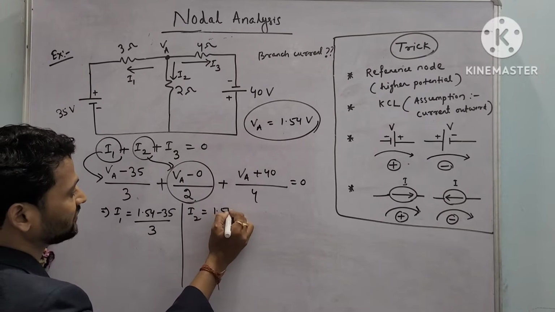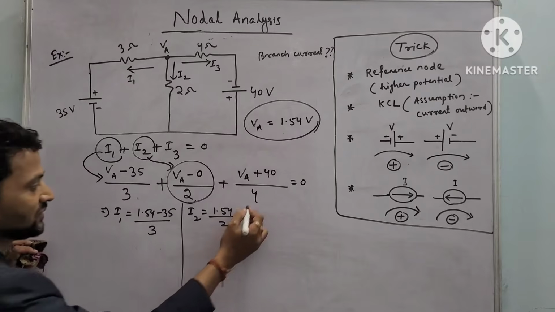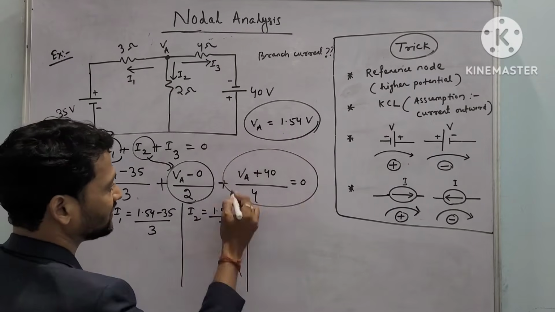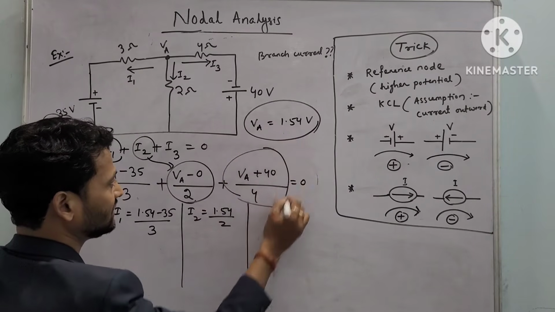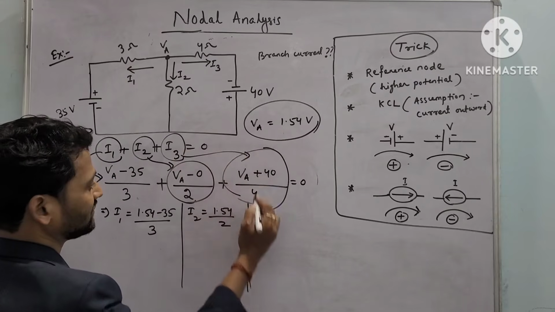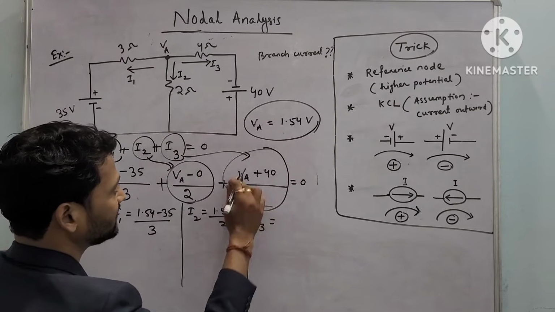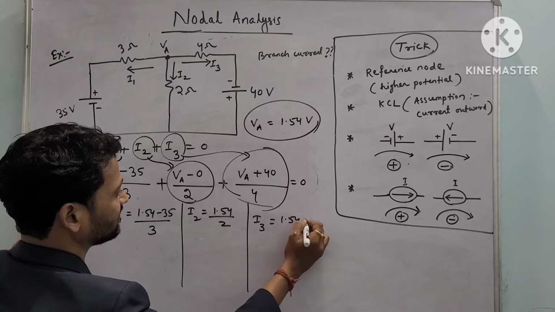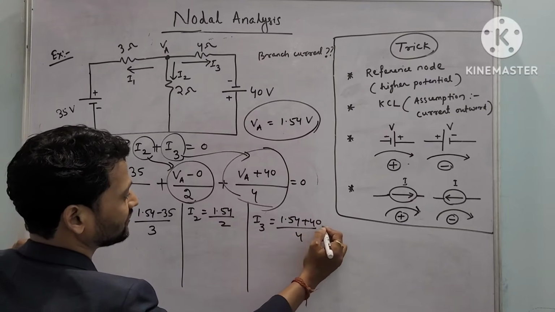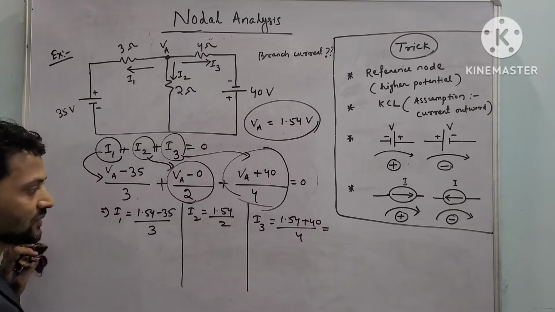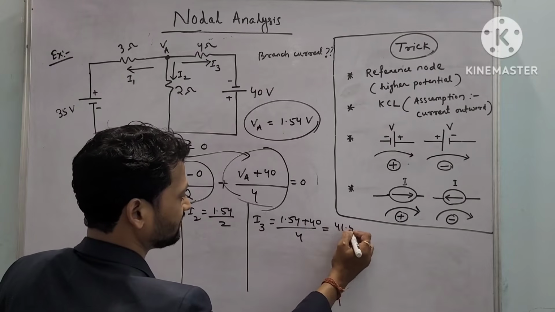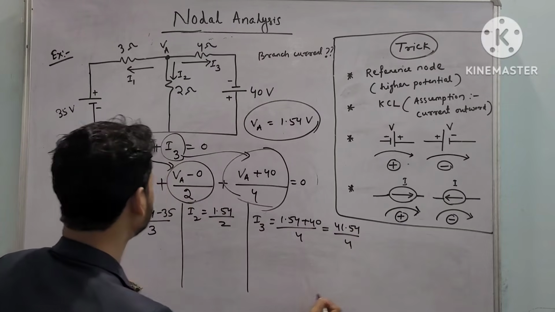VA is 1.54 upon 2. Okay. And for I3, what will be your answer? VA is 1.54 plus 40, upon 4, right? So it is 41.54 upon 4.